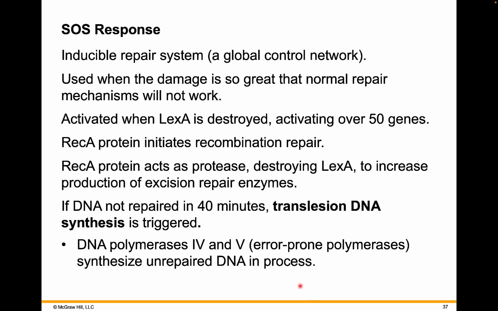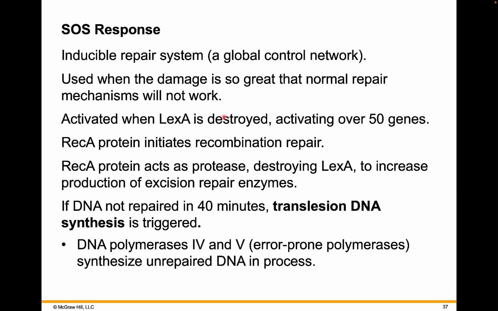The next one is the SOS response. This is an inducible repair system, called a global control system, used when the damage is so great that a normal repair mechanism will not work. This is basically the difference between E. coli or any other organism allowing the cell to die or making a last try for its survival.